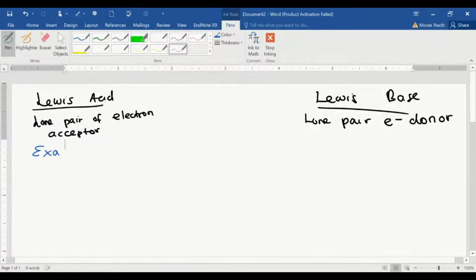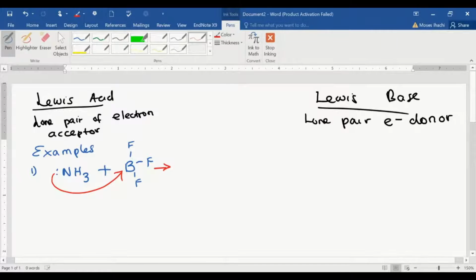So here's an example of a Lewis acid. Let's say you have ammonia and react it with something like boron. Boron only has 6 electrons around it, an incomplete octet state. So to be octet, boron can take 2 more electrons. Each bond is 2 electrons, so there are 6, so it can take 2 more.